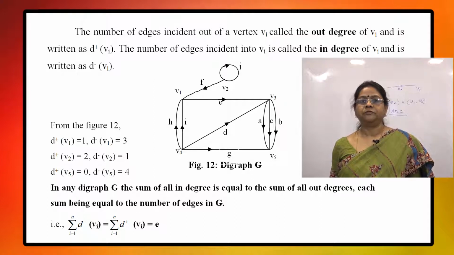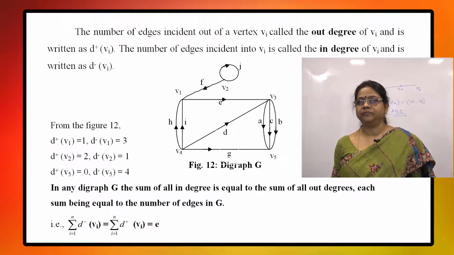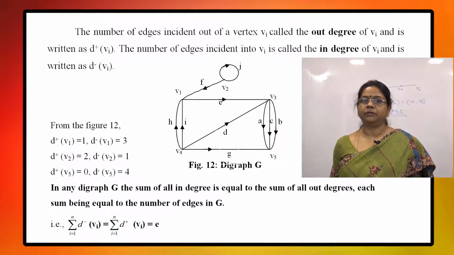For example, in figure 12, d plus V1, that is the edges going out of V1, is only one, that is the edge E, and the number of edges coming into V1 is 3 here, which are F, I and H.